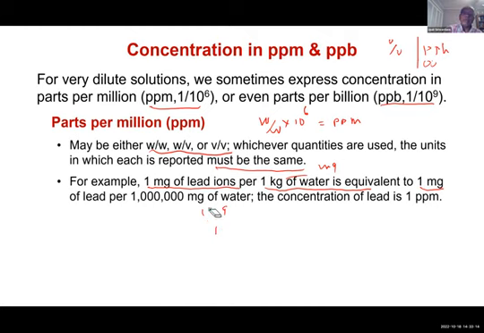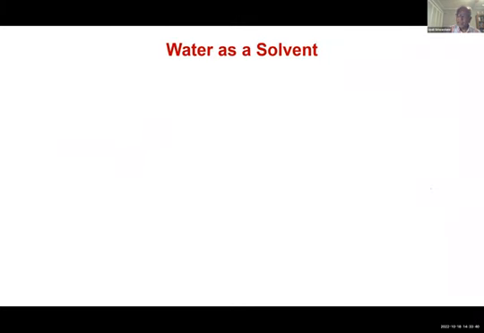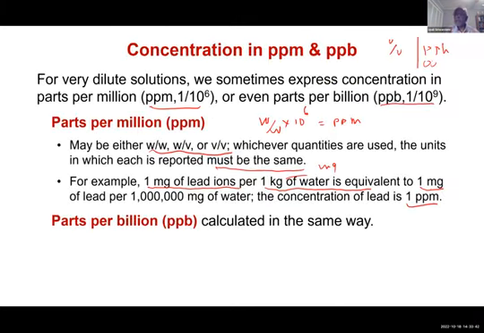That is how you get the ppm. When you convert, it must be in the same units. Weight by weight, both should be the same. You can apply this to parts per billion also. When the amount of solute is very low, we use this.